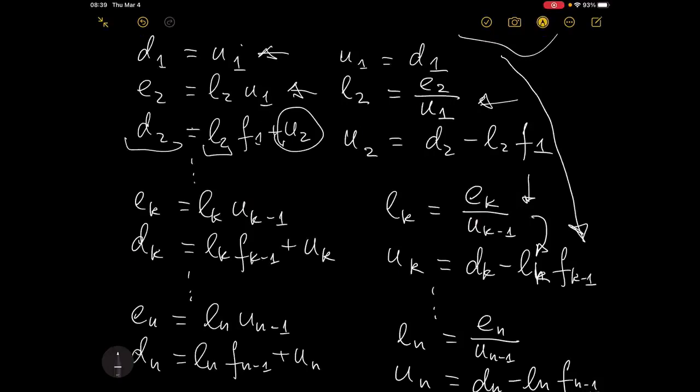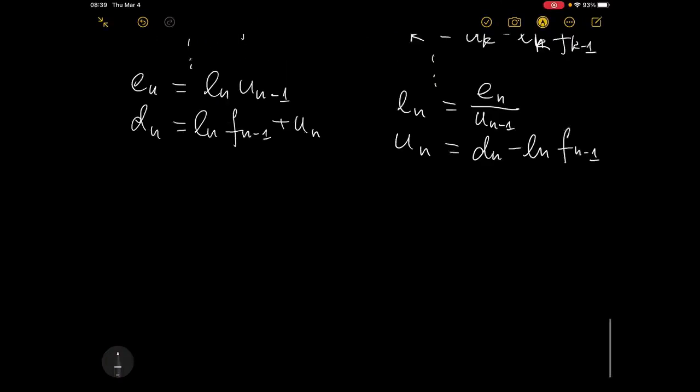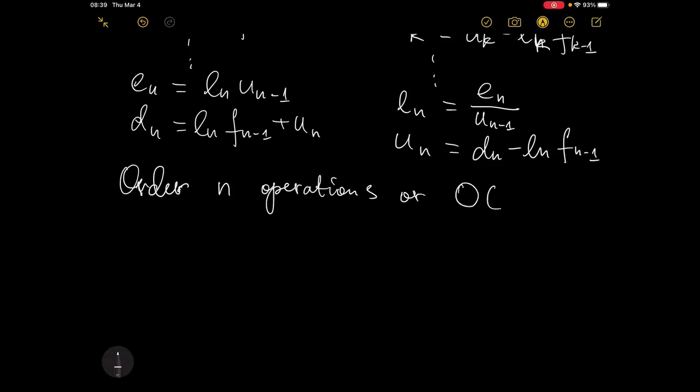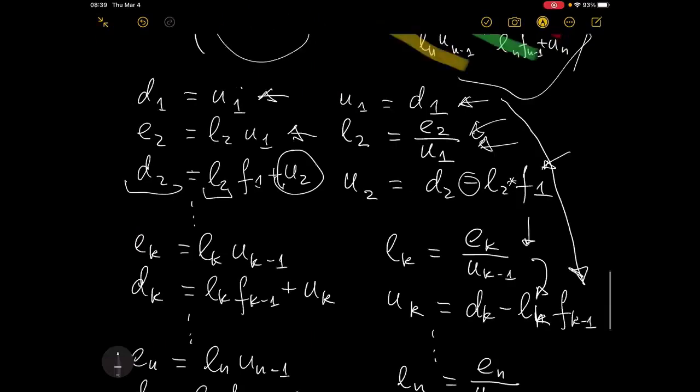Pay attention, how many operations do I need here? So here, no operation. Here, one division, right? Here, I need multiplication and subtraction. But altogether, you can see that you need order n operations, or O of n, because how many unknowns do you have altogether?